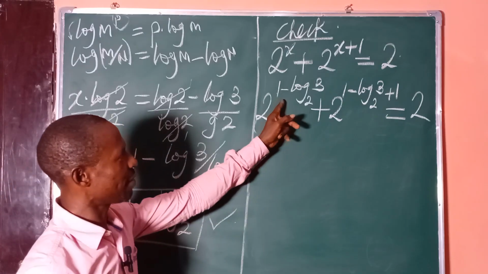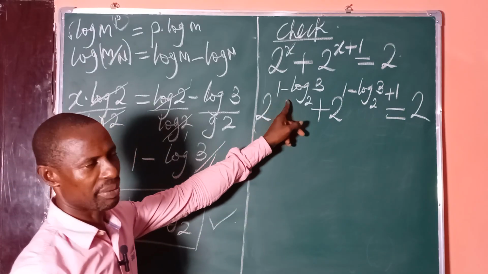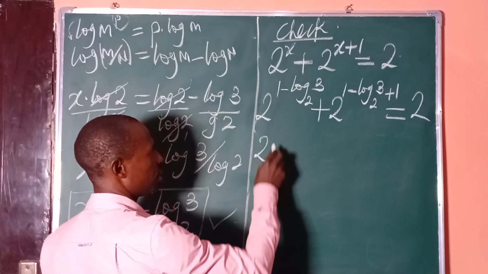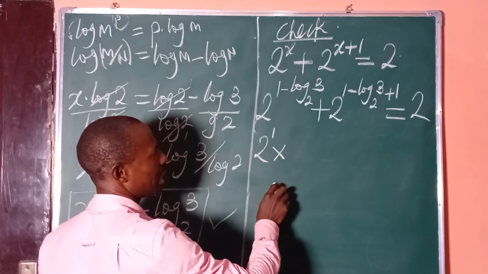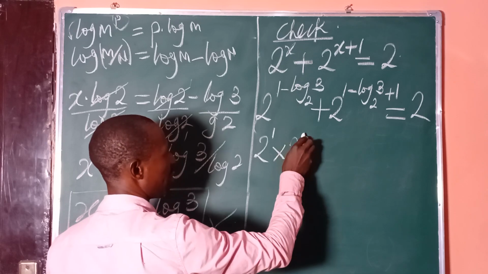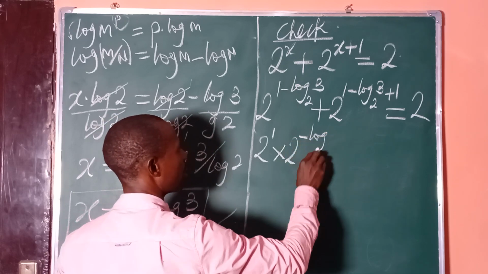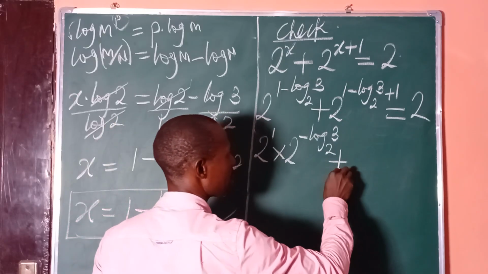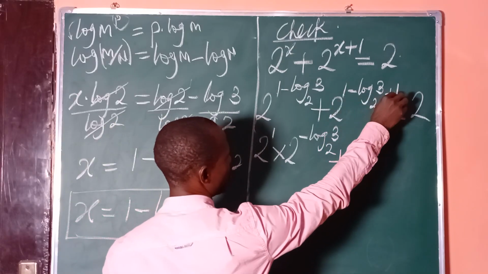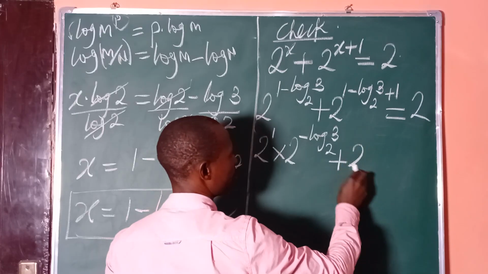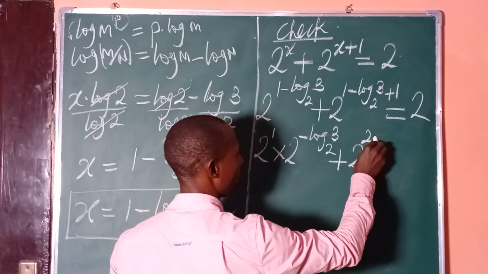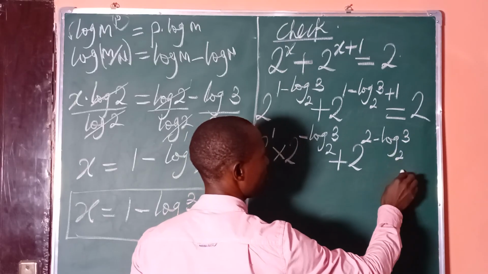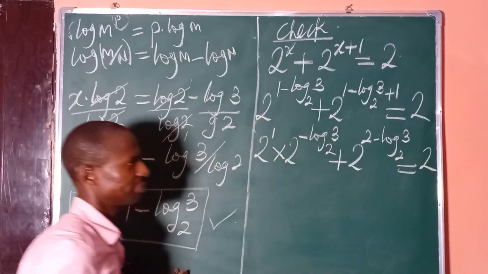Then we just have to apply the law of indices to rewrite this. That will give us 2 to the 1 times 2 to the power of minus log 3 base 2, plus 2 to the power of 2 minus log 3 base 2, everything equal to 2.